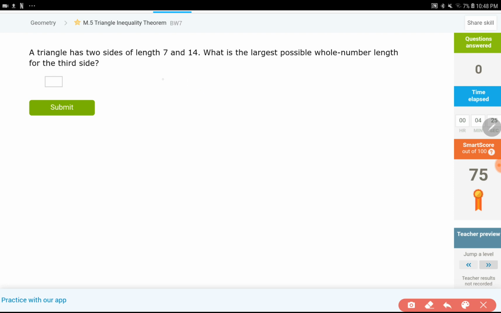One side is 7, the other side is 14. The third side, let's say it is a. Whatever that third side is, when I add it to one of these sides, the sum should be greater than the other one, such as 7 plus a must be greater than 14. Also 14 plus a must be greater than 7. One last thing, 7 plus 14 must be greater than a.